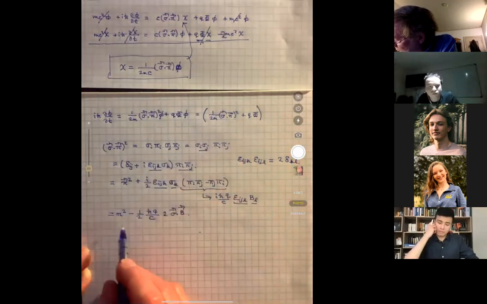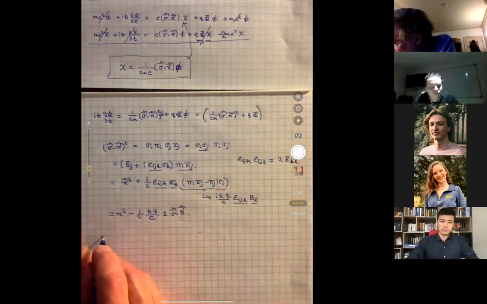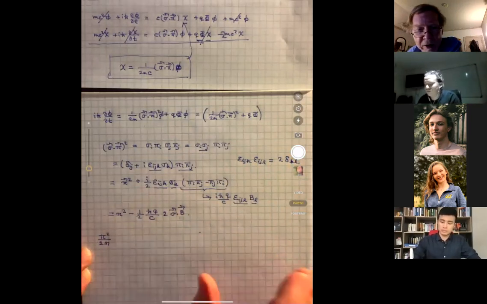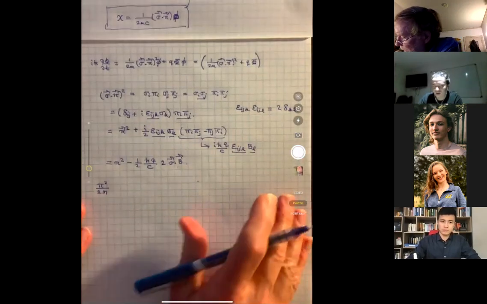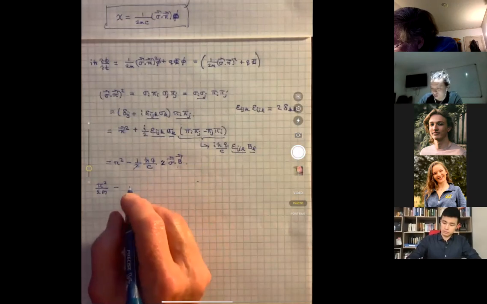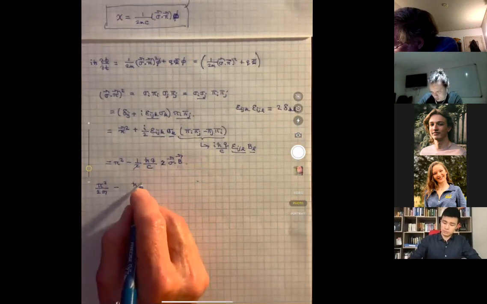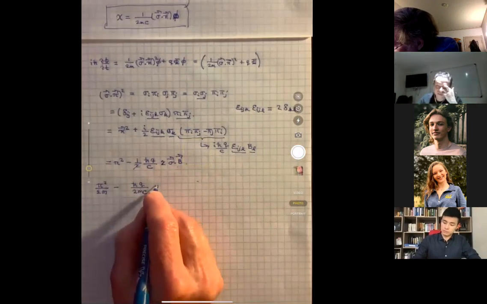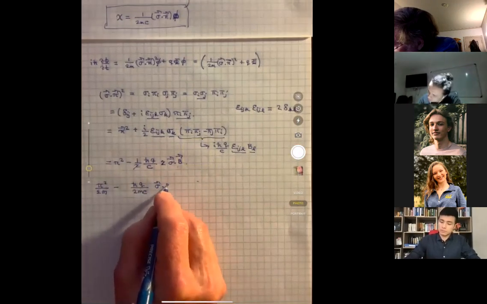So I need to divide this by 2m. For the first term, what we get then is π squared over 2m. Am I still on screen? Yeah, let me move it up a little bit. π squared over 2m minus, the 2 here will cancel with that, we get minus h bar q over 2mc times σ dotted into the magnetic field B.